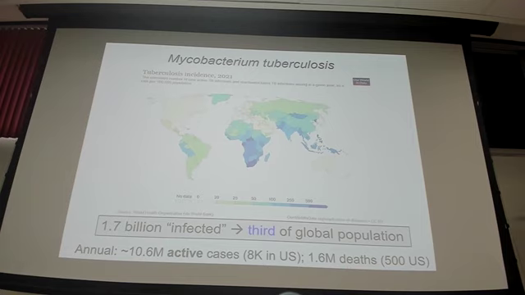Similarly, for deaths from tuberculosis, 1.6 million globally, and in our country we have 500. We have about 4% of the world's population, so these numbers are just a small fraction of that. So we're doing pretty well in the US, that's the whole takeaway from that.